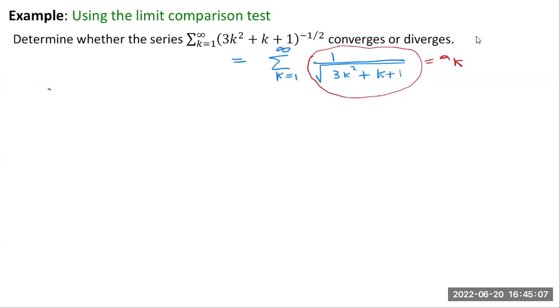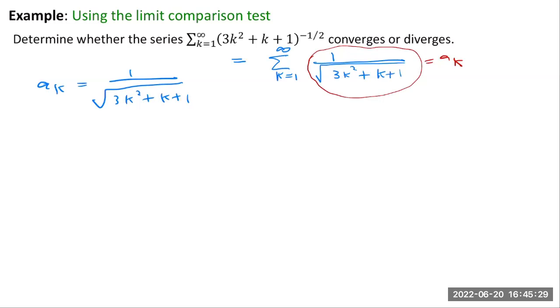My AK is 1 over square root of 3k squared plus k plus 1, right?